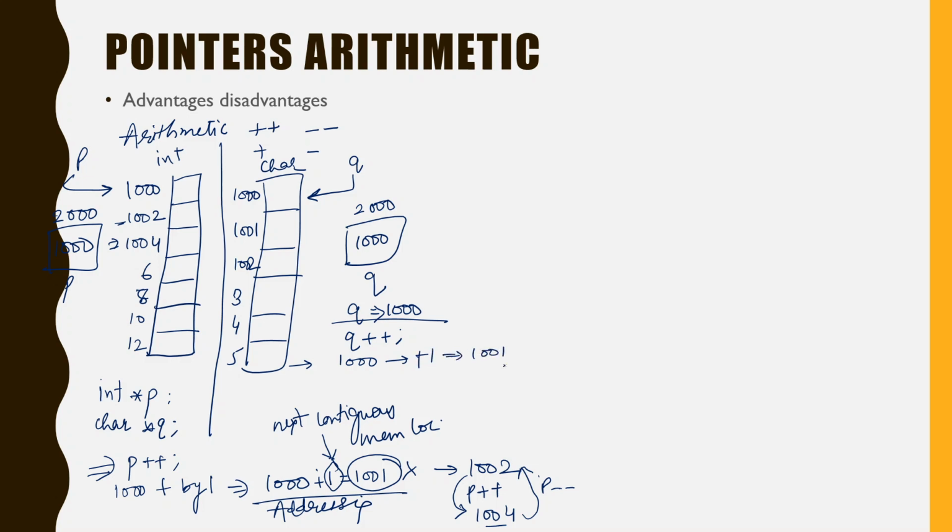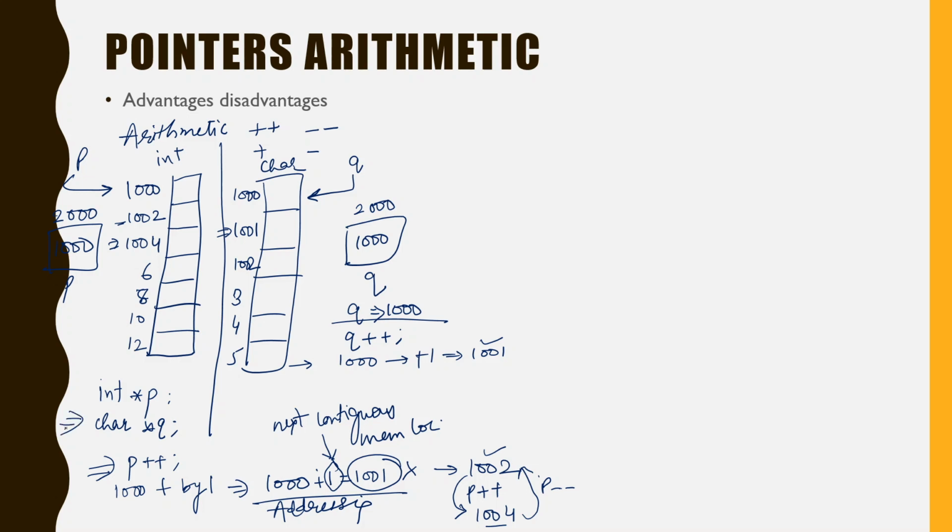So there may be a confusion that here it went to 1002, but here it incremented to 1001 only. Why? Because here the next contiguous memory location is 1001. In case of characters, the element requires only one byte, so the next byte is used for the next element, right? So the incrementing of the address would be one byte only, because it is a character pointer.